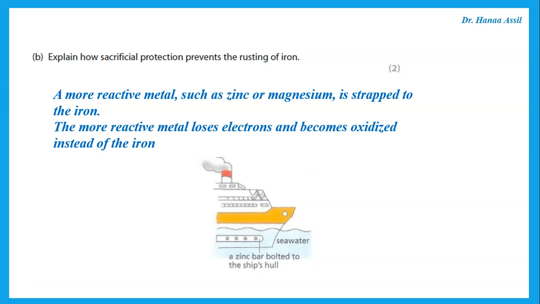Please don't say the more reactive metal is the one that rusts. Again, I'm reminding you, the word rusting applies only to iron. Other metals, we say they corrode, not rust. So when we have the iron in contact with a more reactive metal, it is the more reactive metal that loses electrons and becomes oxidized instead of the iron.